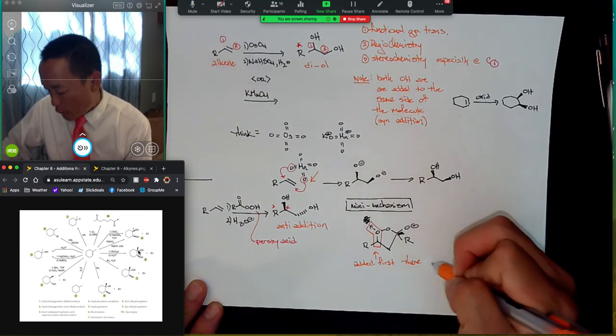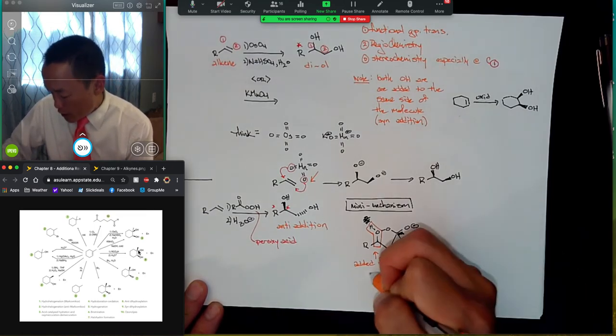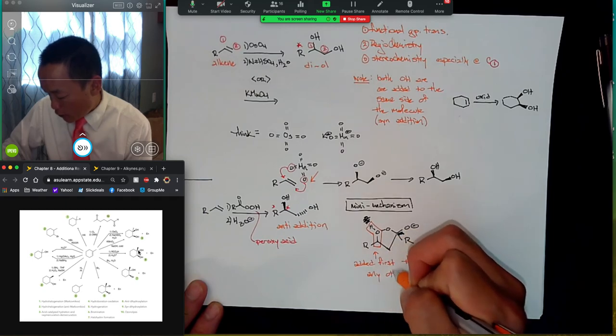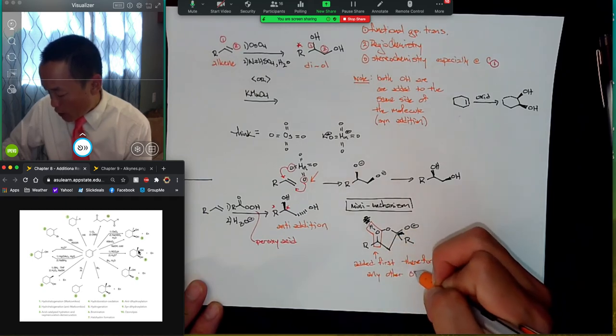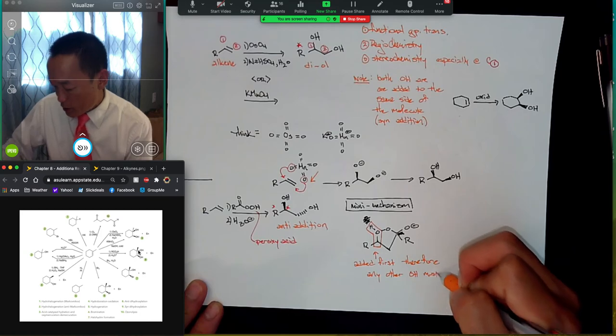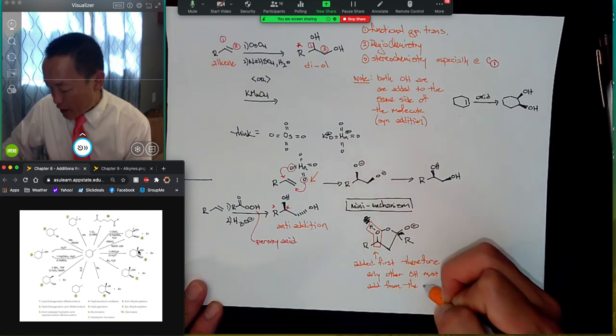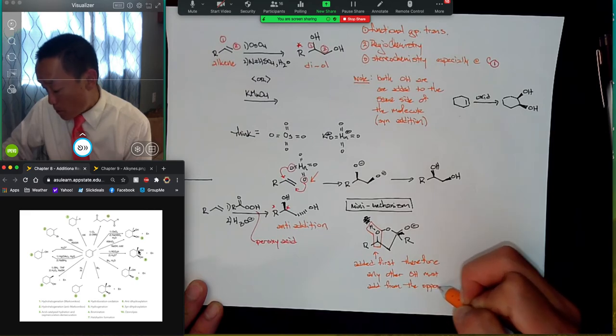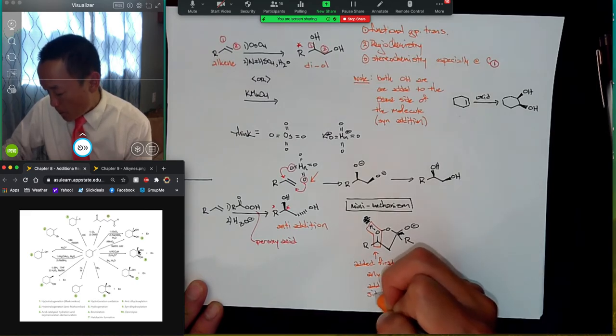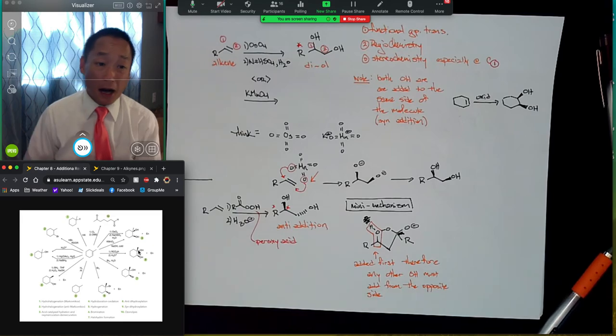Therefore, any other OH must add from the opposite side. The opposite side of the molecule.